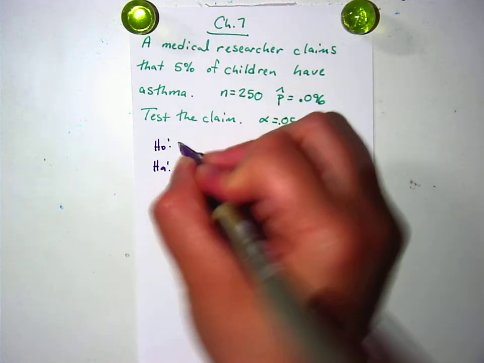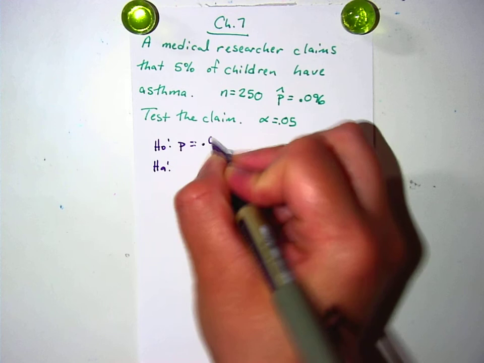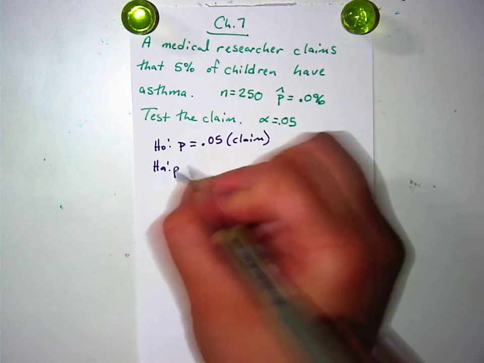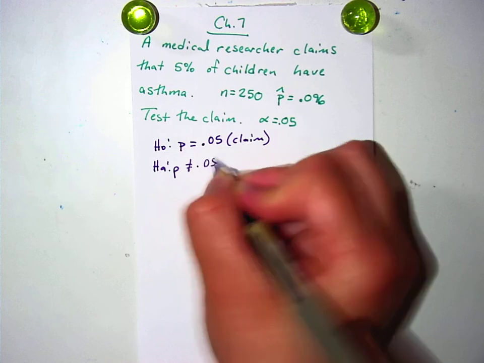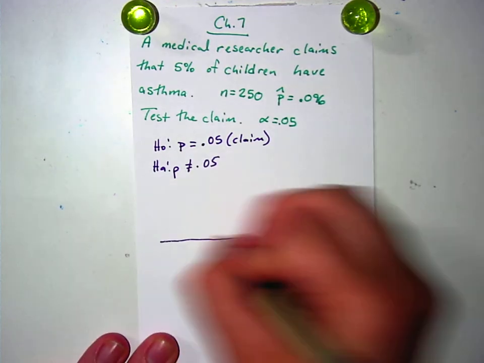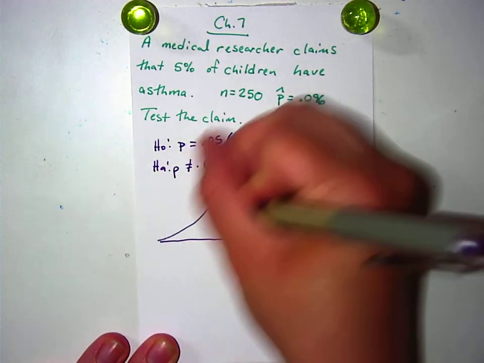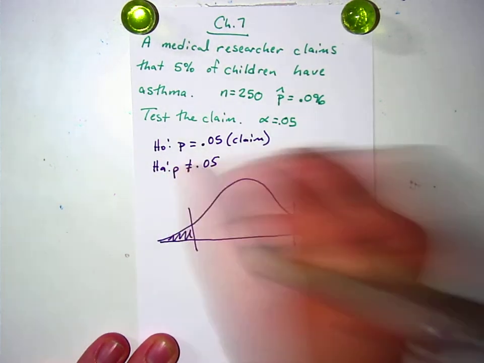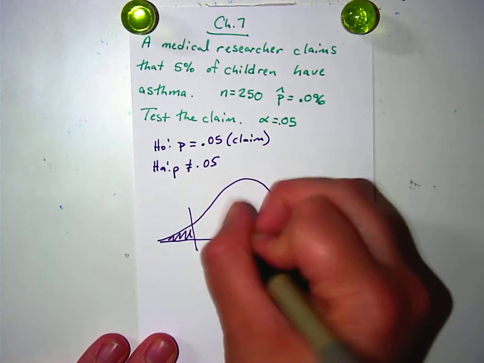So basically they're saying that the proportion is 5%, and that's a claim. And then the opposite of that is that it's not equal to 0.05. So if I draw a quick bell curve, I've got 2 regions this time. It's the two-tailed hypothesis test.